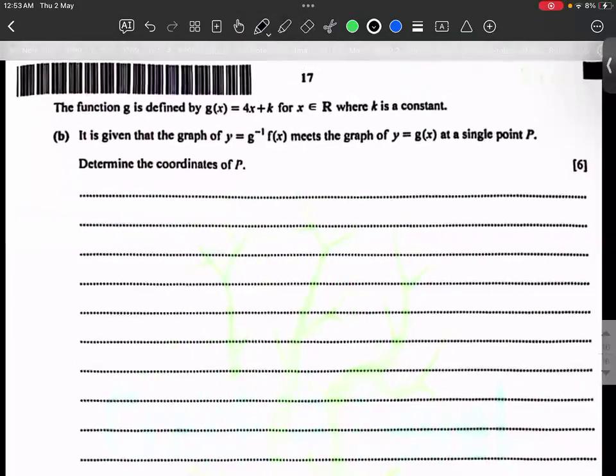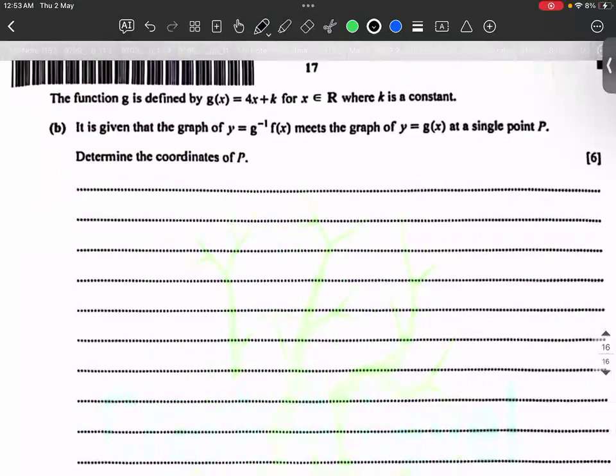Now, the function g is defined as g of x is 4x plus k. It's a linear function, right? And x belongs to the real numbers, whereas k is a constant.